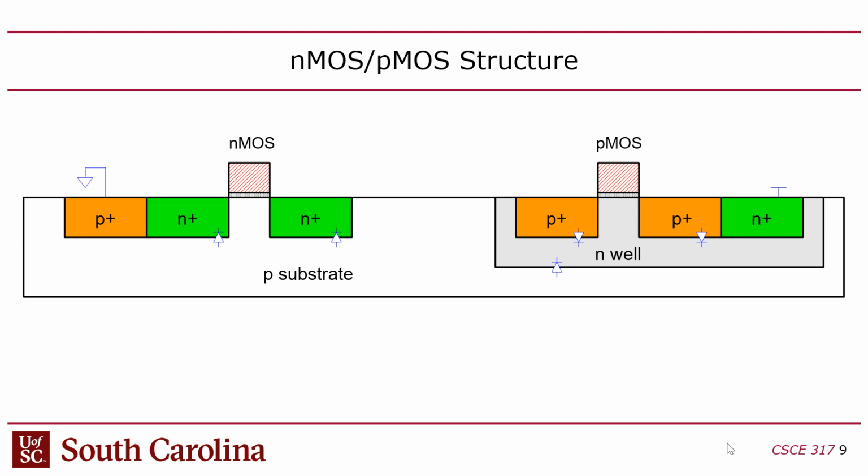So this would be a metal wire, going to connect down to this very heavily doped P silicon, which is butted up against this regular P substrate and creates a better electrical connection there. So that's not super important, but that's the way that you either ground the P substrate, or you set the N well to VDD.